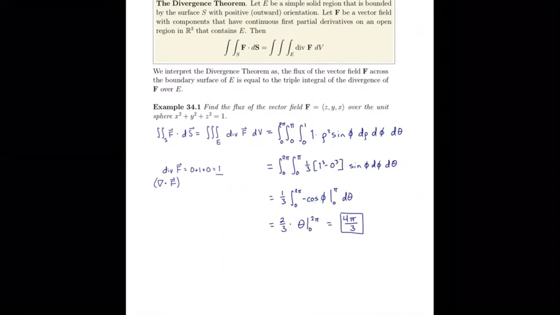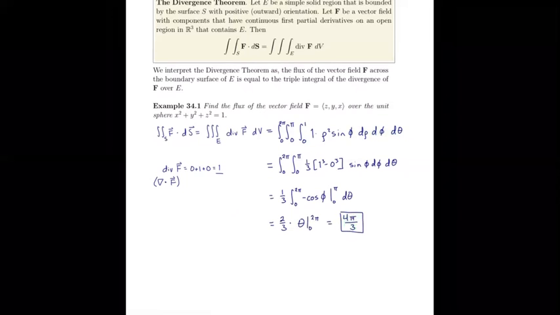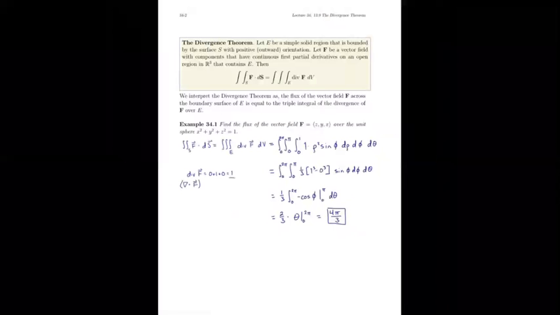And lastly, the antiderivative of a constant times d theta, and we get theta from 0 to 2 pi. The answer is 4 pi over 3. Fairly straightforward integral. I'd be surprised if finding the flux over this surface directly, in other words, evaluating this integral, was any easier. But I do think it's doable, and it's worth the exercise for the student. Again, you should arrive at the same answer.